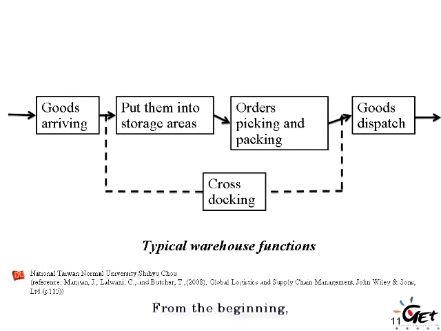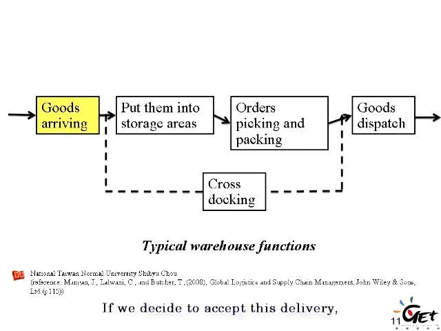From the beginning, we get the orders from our suppliers. The first stage, this function will be goods arriving. Okay. For this function, usually we have to unload goods from the trucks. We need to do some inspection. We need to check the quality to determine whether or not we will accept this delivery.